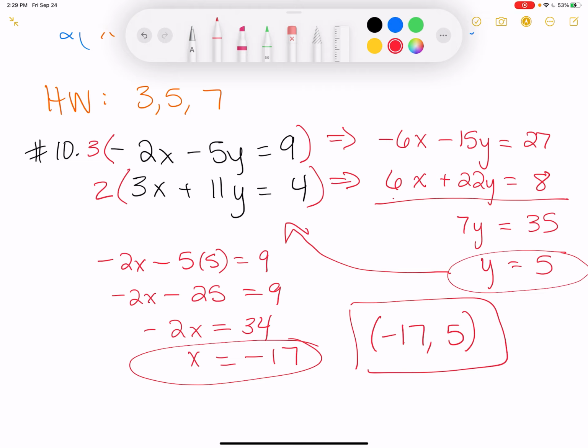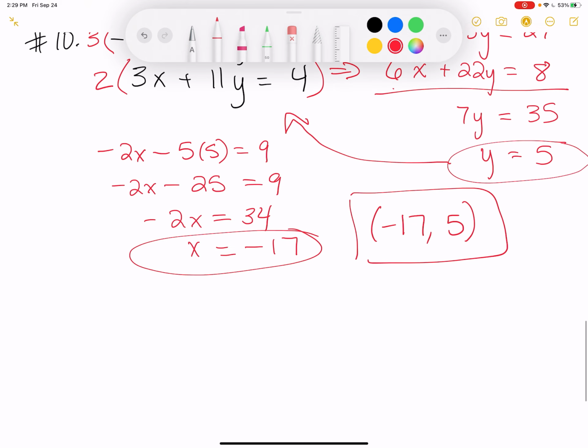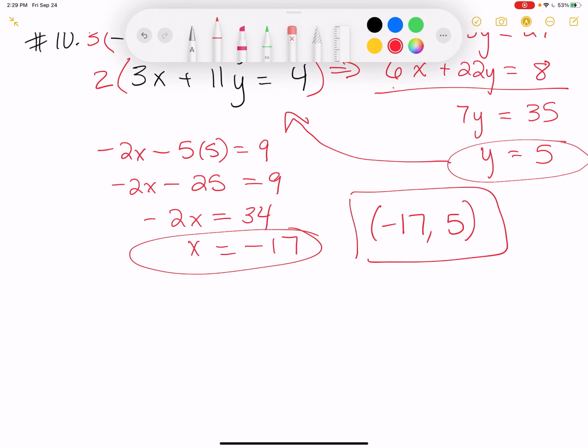Okay, any questions about how we did that one? All right, then number 12. 7x plus 3y is equal to negative 12, and 2x plus 5y is equal to 38.